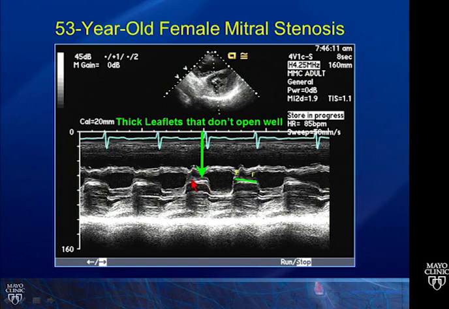But in this situation, we have these very thickened leaflets that don't open well, so they aren't separating like we saw them separate in the normal M mode. And also there's a very flat EF surface area, if you will, or line that you can draw.